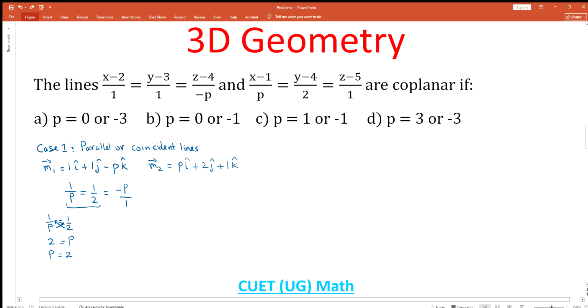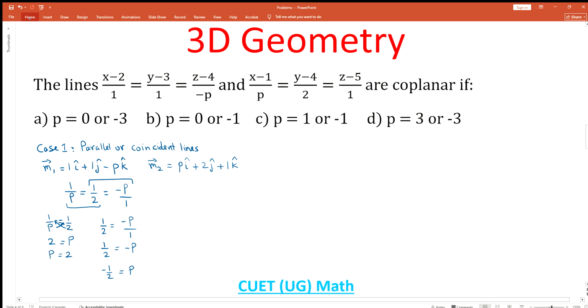We should check if we get the same value of p from the second and third ratios. I get 1 over 2 equals negative p, or p equals negative 1 over 2. We get two different values for p. That means these two lines are not parallel or coincident lines.